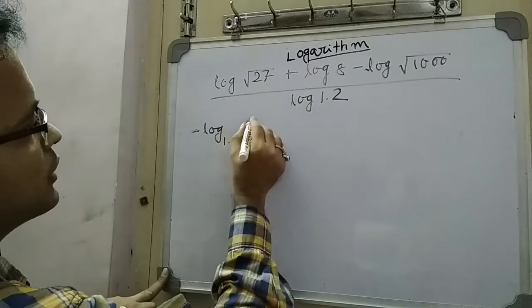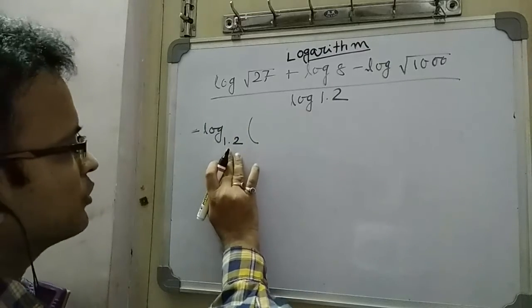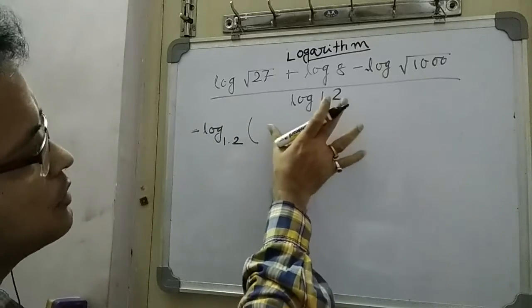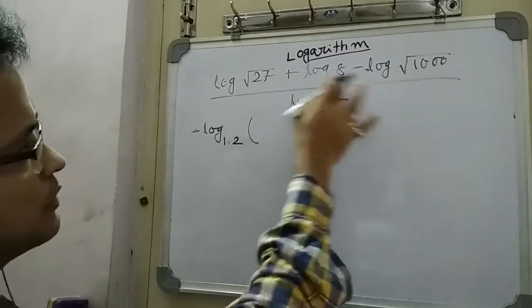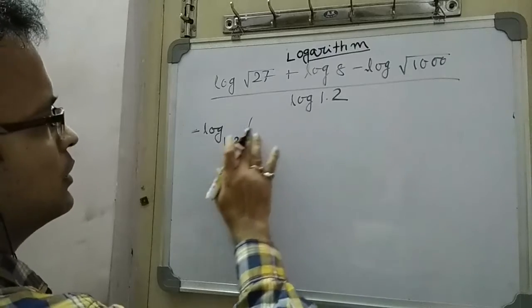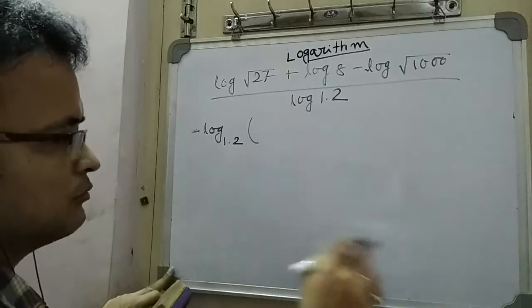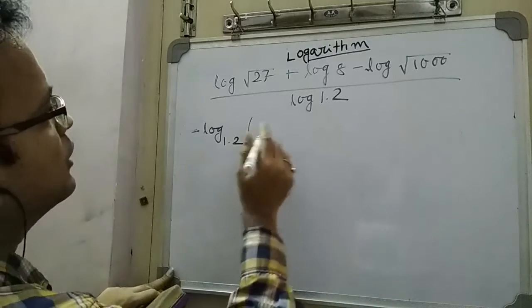So log will be here multiplied. I have just written it with no reason right now because I don't know what will be the calculated value, simplified value will be coming here. But for the time being, I am writing this in this way so that I don't have to write log 1.2 in the denominator every time.